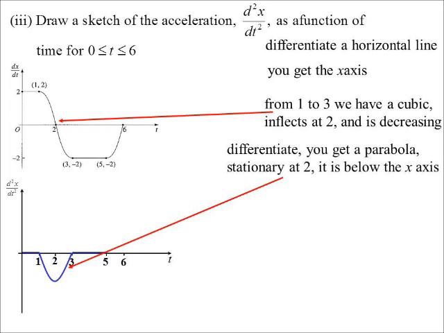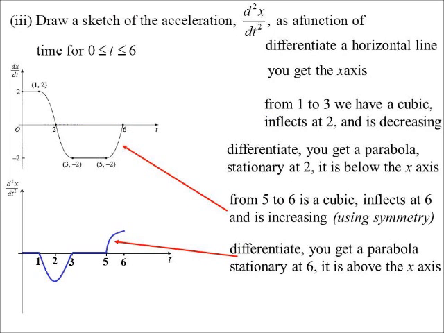I also know it's decreasing. So if I differentiate a cubic, I would get a parabola. It'll be stationary at 2. And I know it's going to be below the x-axis, because decreasing derivative would be negative. So I've just drawn in a little parabola underneath the axis there.